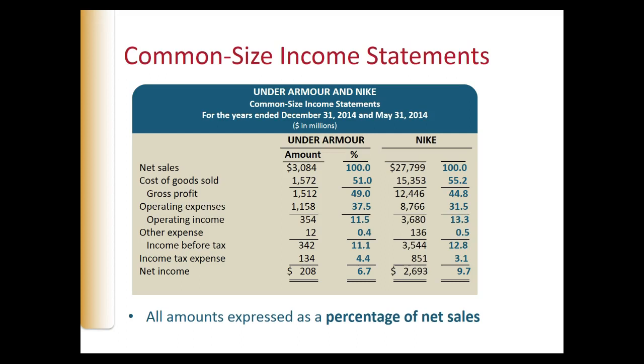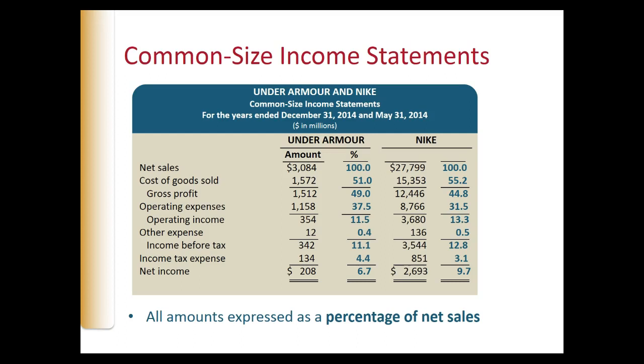So in this example, Nike reports net income of $2.7 billion, while Under Armour reports only $208 million. We must keep in mind that Nike's a lot bigger company, reporting sales over $27 billion compared to $3 billion for Under Armour.